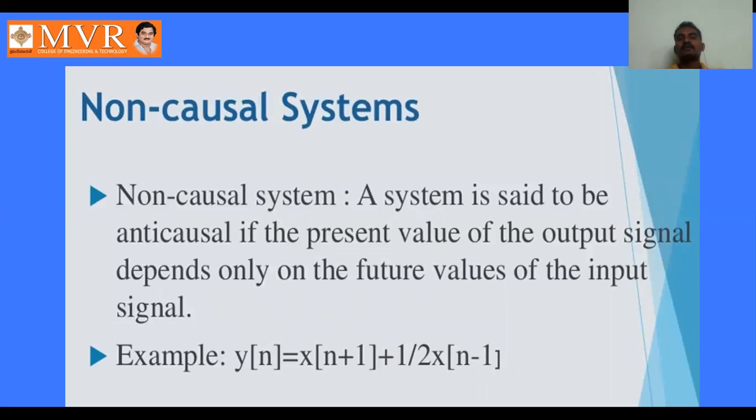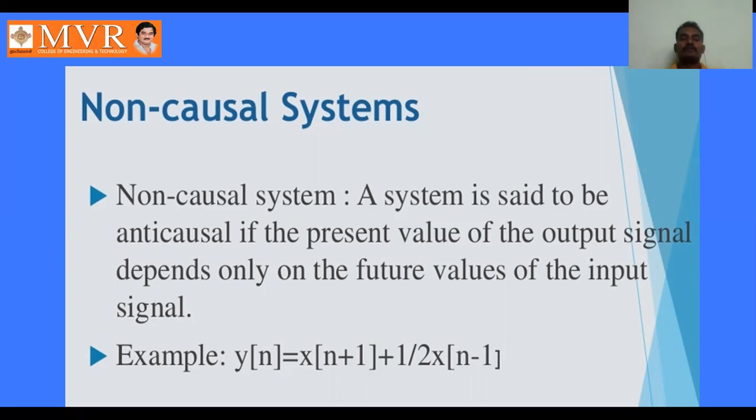And coming to the non-causal systems, what is meant by non-causal system? A system is said to be anti-causal or non-causal if the present value of the output signal depends on future values of the input signal, whereas a causal system depends upon the present and past values of the input signal.